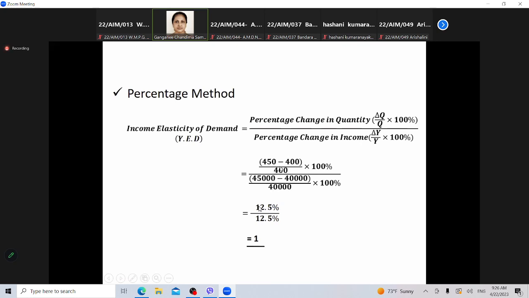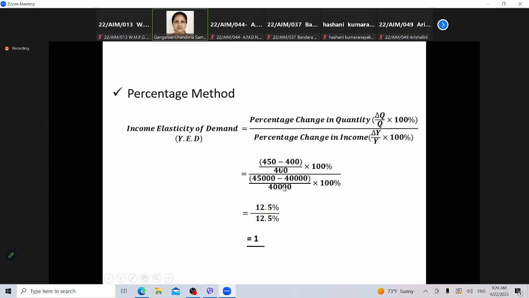Then we got the same value. This means 450 minus 400 means 50 divided by 400. That means 1 divided by 8, isn't it? And here, 45,000 minus 40,000 means 5,000. 5,000 should be divided by 40,000.